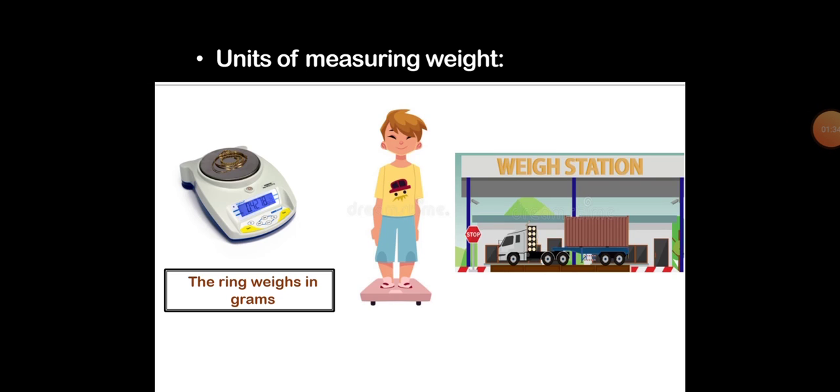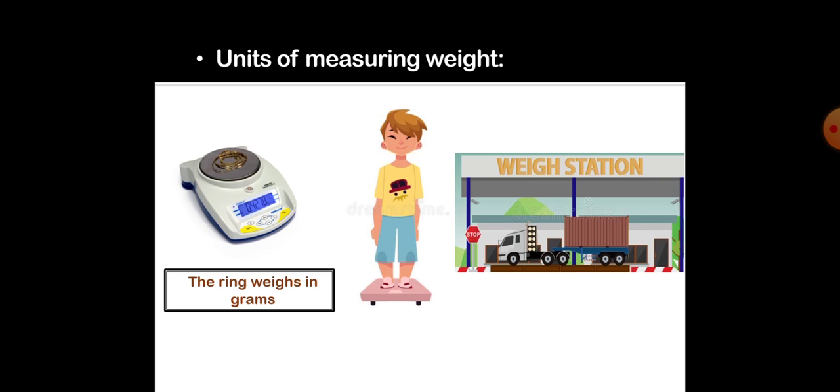I have three different units to measure weight. The first one, when I want to measure the small things or the light things like jewelry rings, silver rings, or something like this, I can use the grams.